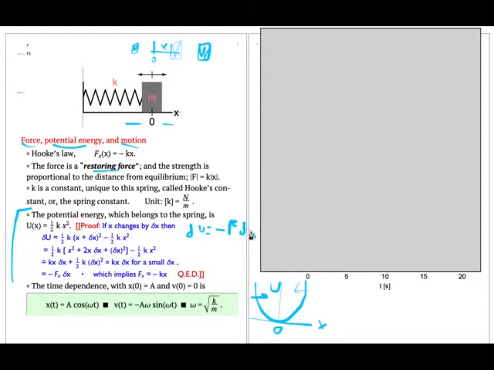The change in potential energy is the work that would be done by the force if you made that displacement. So that goes back a few chapters, but anyway, let's use that.